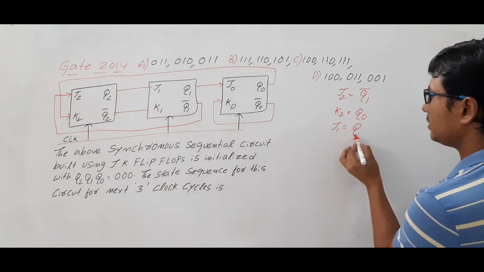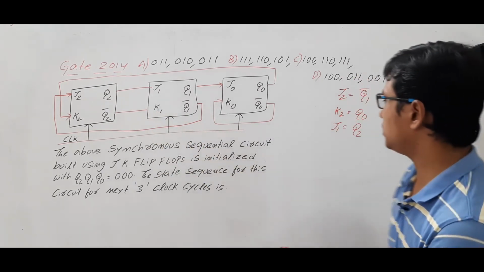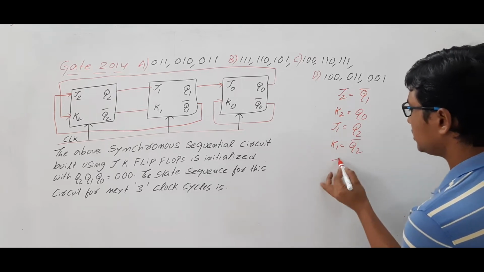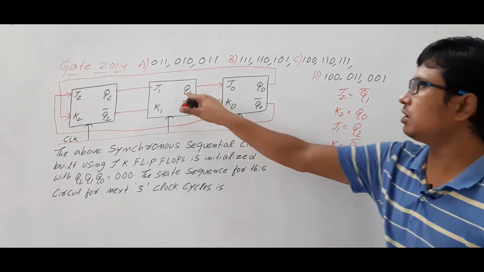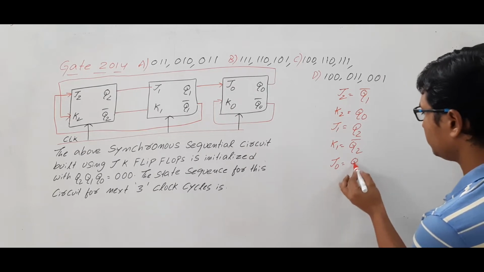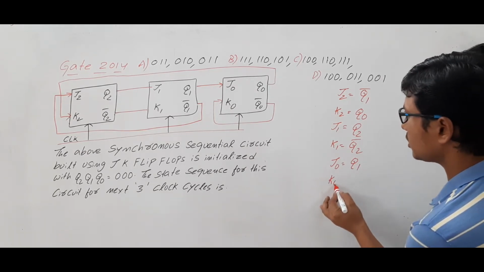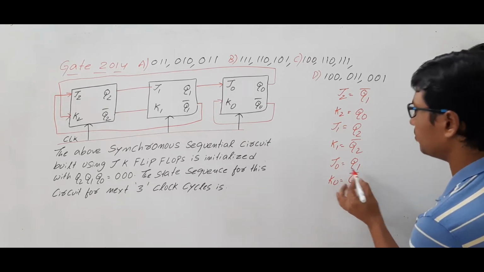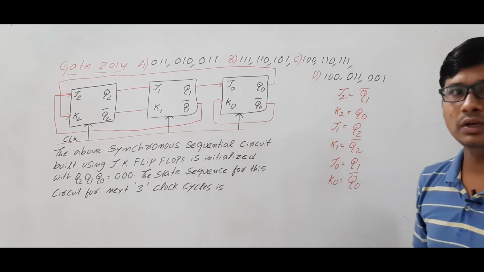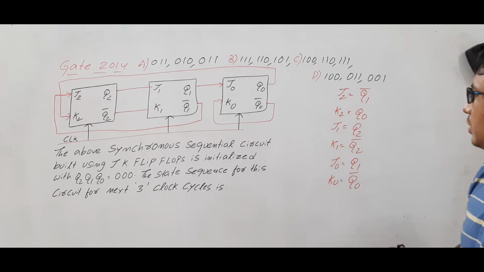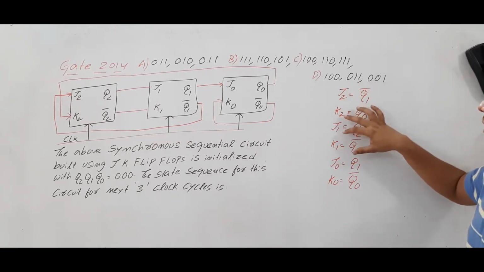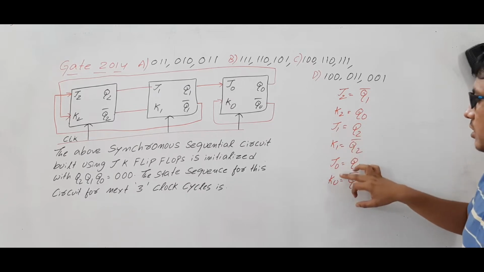Am I right? Similarly, K1 is equal to Q2's complement. J0 is equal to Q1. K0 is equal to Q0's complement. Now we have the corresponding values for J2 and K2, J1 and K1, J0 and K0.